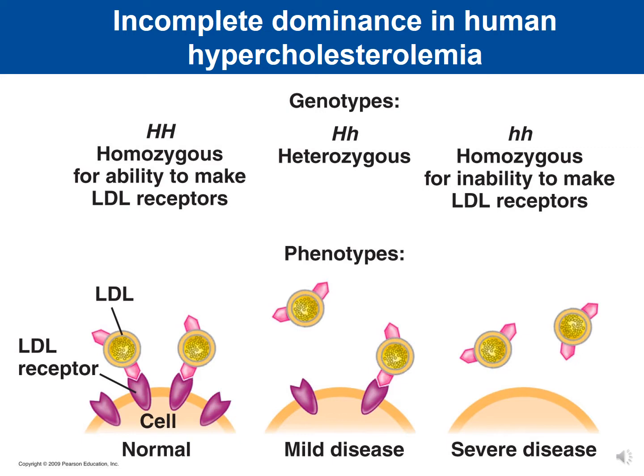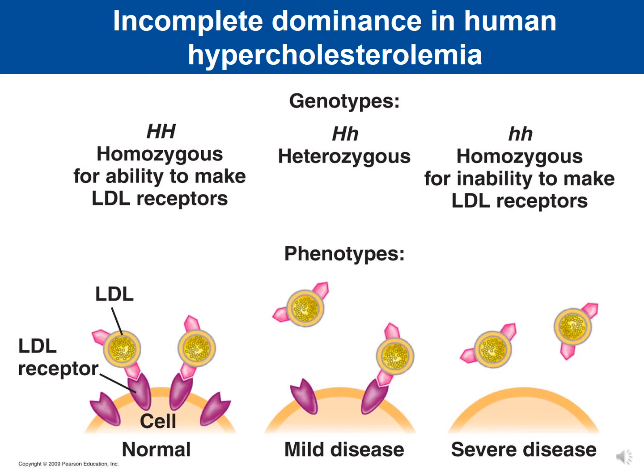So cholesterol is produced in the liver. It's going to be moved throughout the body by the bloodstream, and the LDL is going to carry that cholesterol. Now, LDL normally in the body gets out of the bloodstream by binding to the LDL receptor. So the LDL binds to the LDL receptor, and that gets taken into the cell.